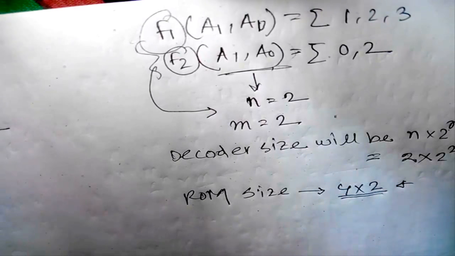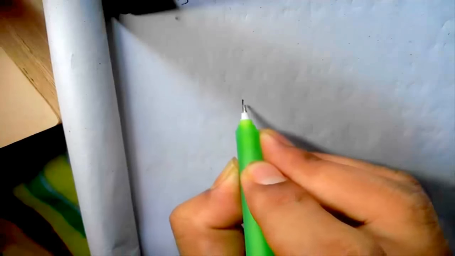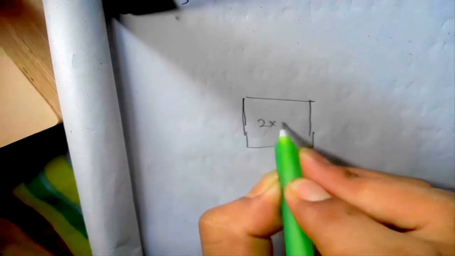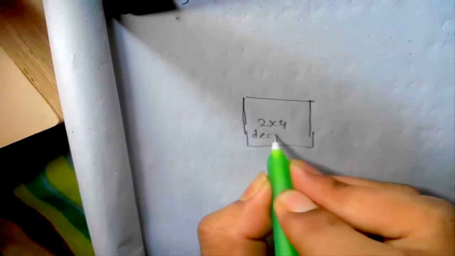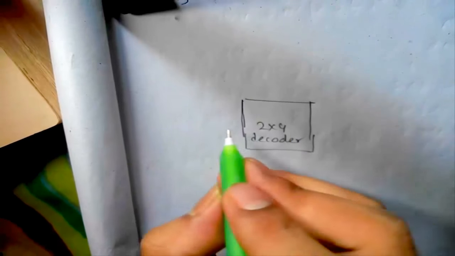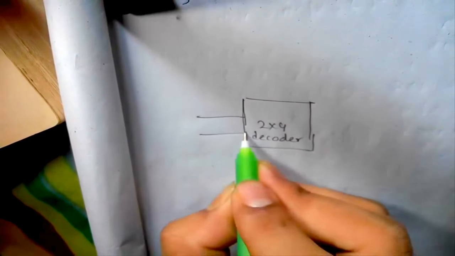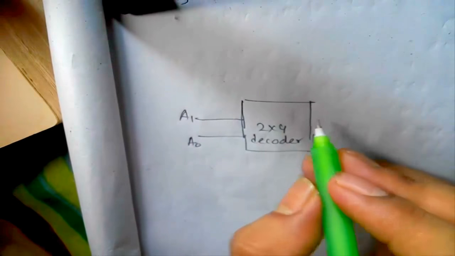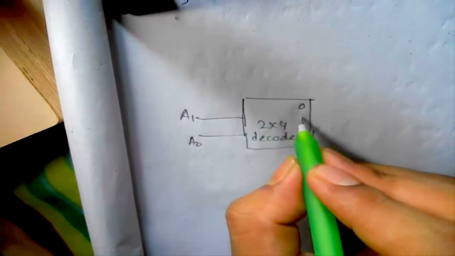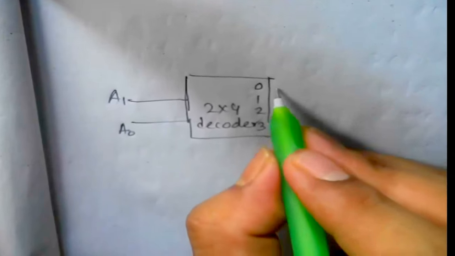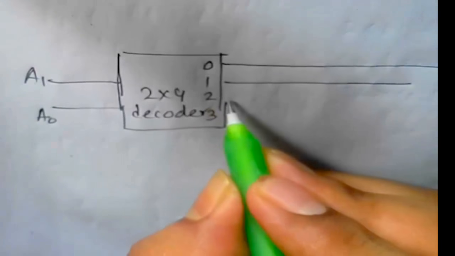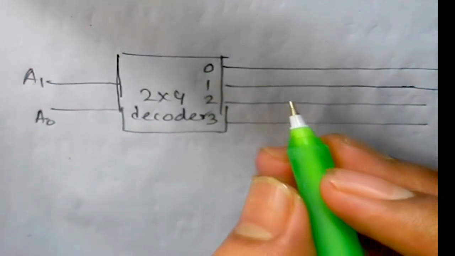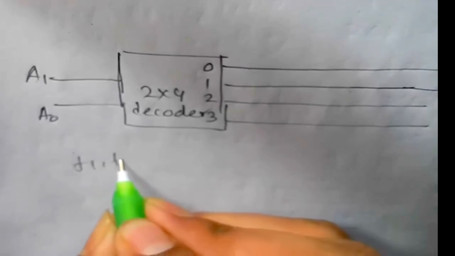So the construction will be a 2 into 4 decoder, which has input only 2, A1 A0, and outputs 0, 1, 2, 3, and we have output F1 and F2.